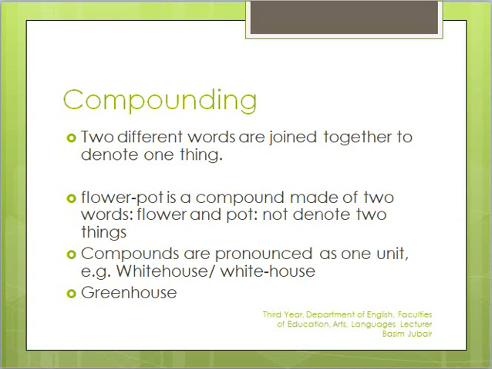By definition, it is the process where words are composed of two different words that are joined together to denote one thing, and the meaning of denote here is to give the meaning of one word.